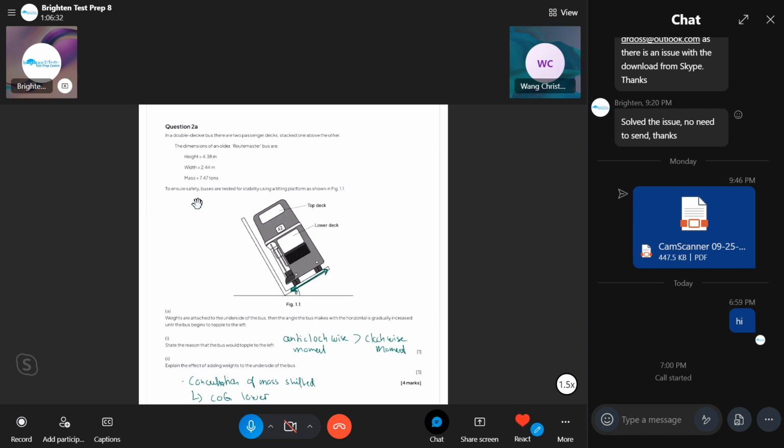Then on which line will the center of mass move? When you think of the width, will it be here or here, or where is the line?